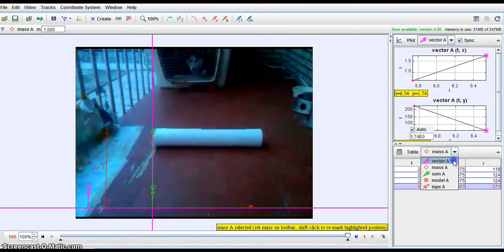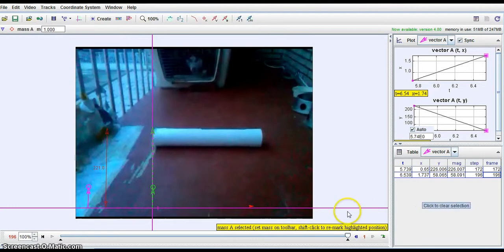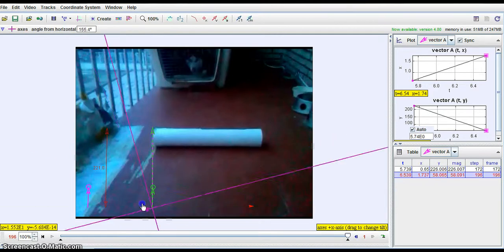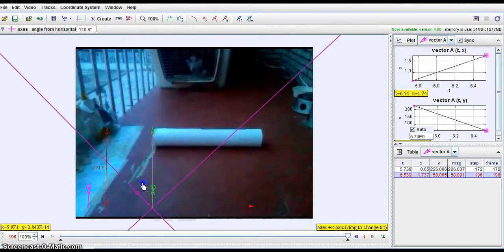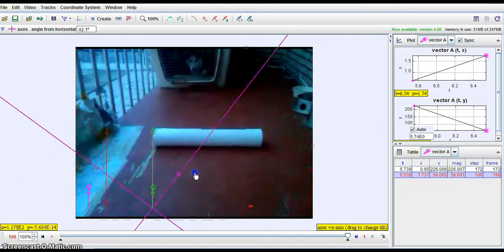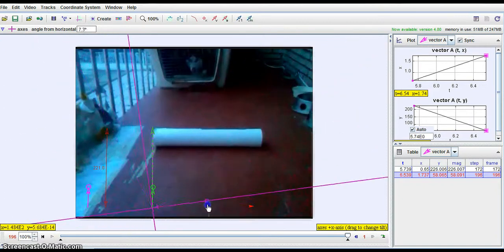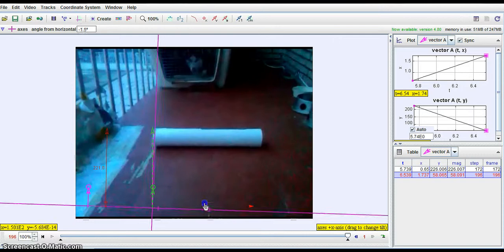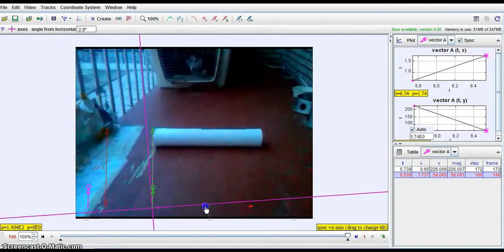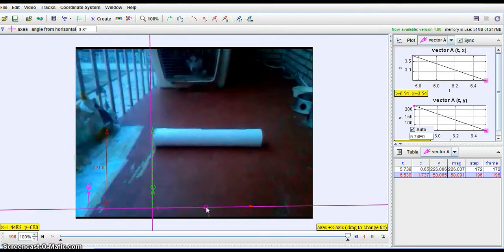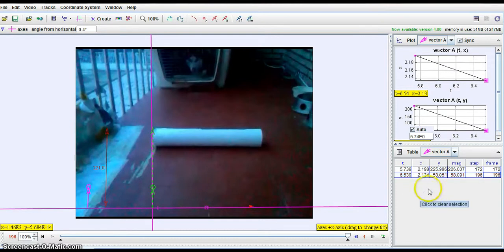Here we can look at the values, which are all in the positive frame. If we take the x-axis and we turn it around towards the negative values, then we can see that the values changed.